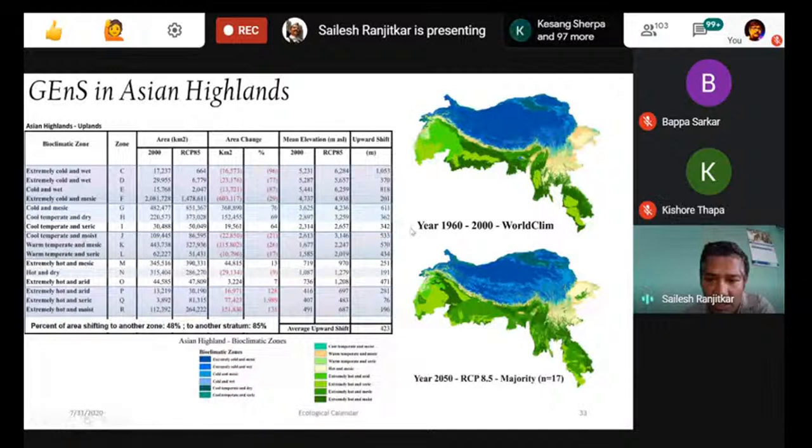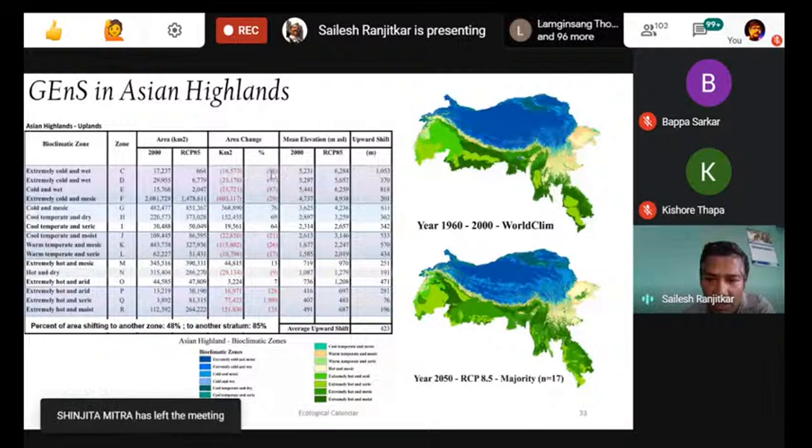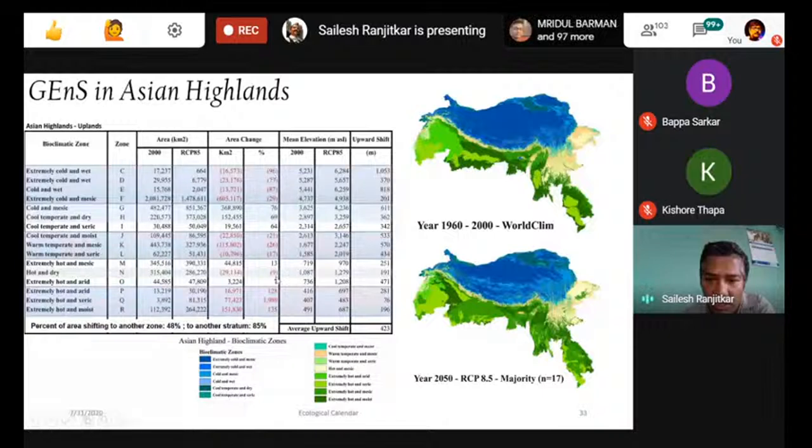A lot of zones will change a lot, up to 96%, and the lowest one, I think it is 9, will mostly be gone. New, mostly extreme hot and arid conditions will arrive in the Asian highland, and you can clearly see where the changes will happen. In the mountain region, where hot and mesic regions are, these will mostly be changed into extremely hot and arid, or xeric, conditions.